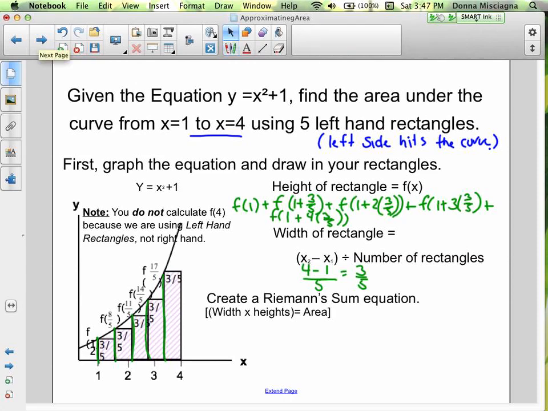So in other words, we add up f of 1 plus f of 8/5 plus f of 11/5. Sorry, that's a 5, not a 6. It looks a little like a 6.